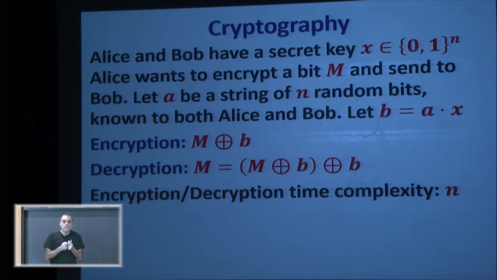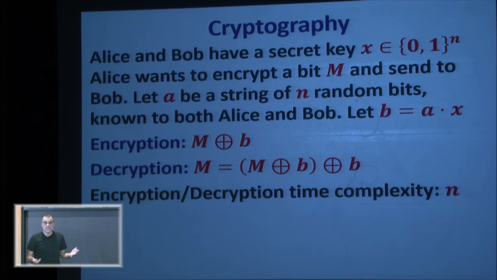And they want to use it to send encrypted messages. Of course, one thing they can do is use it as a one-time pad, but then they can send only n encrypted bits, because you cannot use the same bit of key twice.